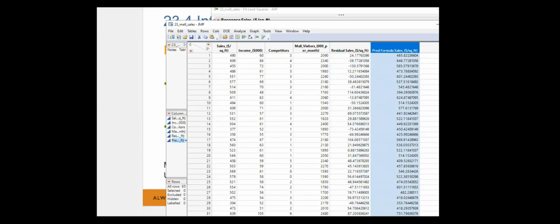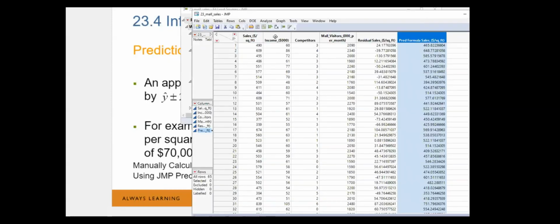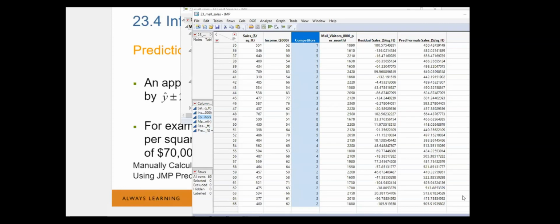If a new x and a new y is given to you, in this case, when we say x, we have x1, x2. If new values for x1 and x2 are given, we plug them in here, and a sales value is estimated here at the end of our data.